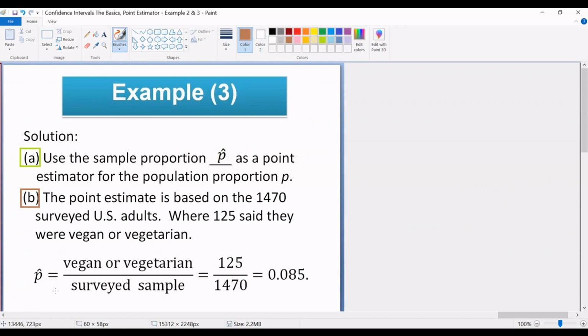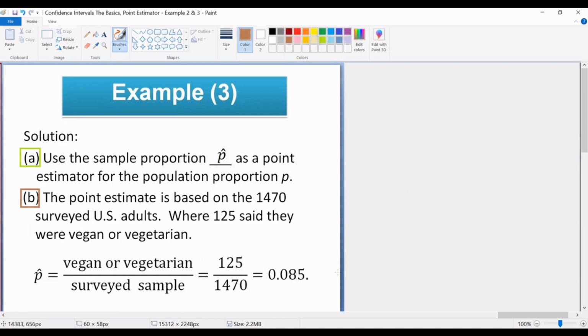So calculating p hat is a proportion. Right here, we have our fraction, vegan or vegetarian over the sample survey. This equals 125 over 1,470.